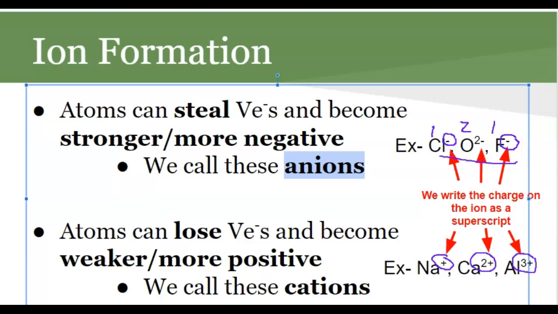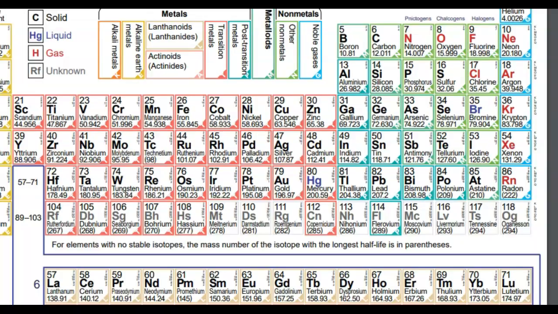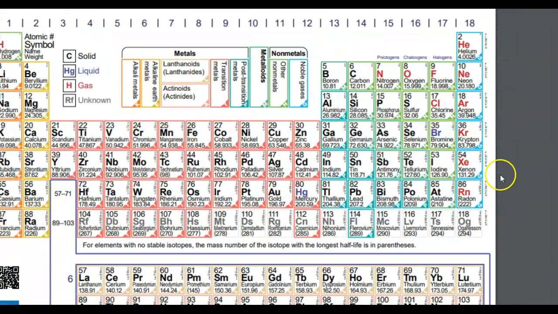But when we look at the periodic table, if I zoom out a little bit, there we go. You can see anything in this first column has 1 valence electron, so it's very easily going to lose that one and therefore become +1.